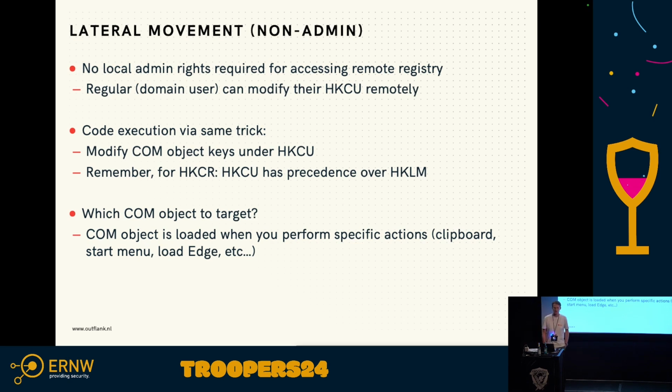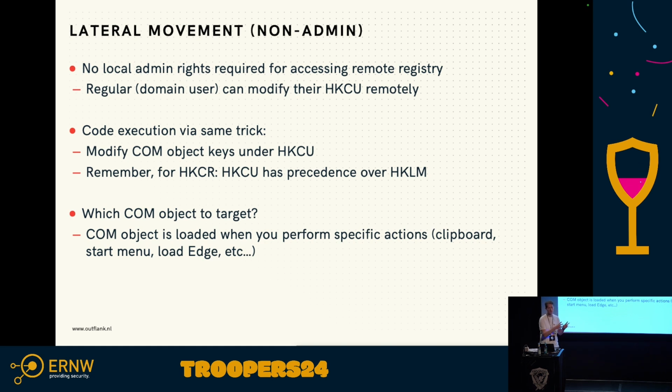OK, so this was about modifying HKLM with admin rights. There are also a few things we can do as a regular domain user, so no admin rights. As Max explained, we can modify the HKCU of the user, which means that we can also modify COM objects under that user. Remember, for the Classes root key, HKCU has precedence over HKLM.